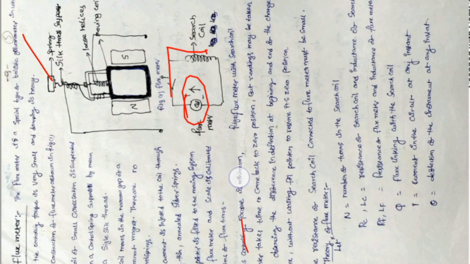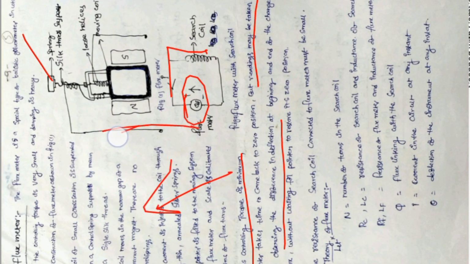As the controlling torque is minimum, the pointer takes some time to reach zero position, but readings may be taken by observing the difference between the deflected and beginning positions. From the beginning and ending we consider how much deflection there is, because the controlling torque is zero in the flux meter.